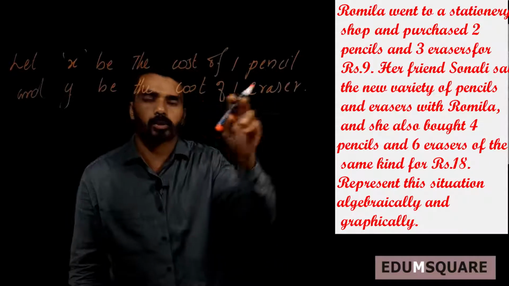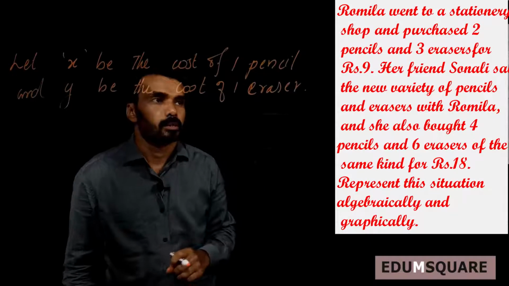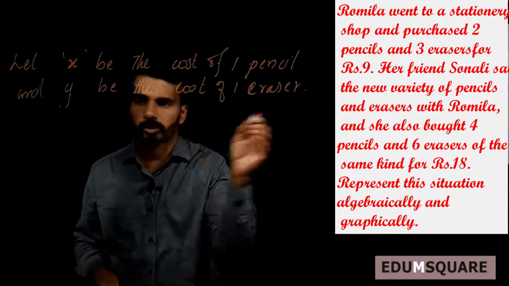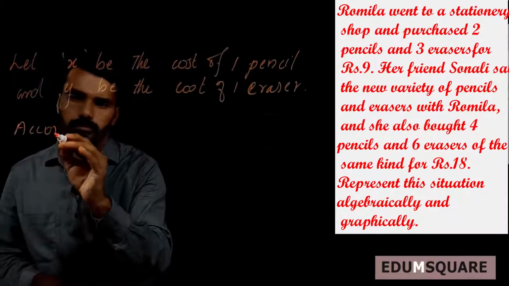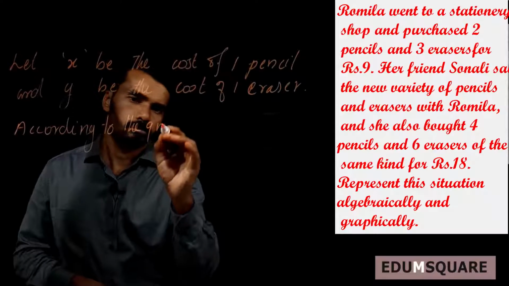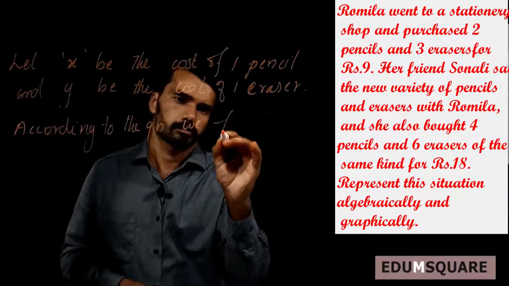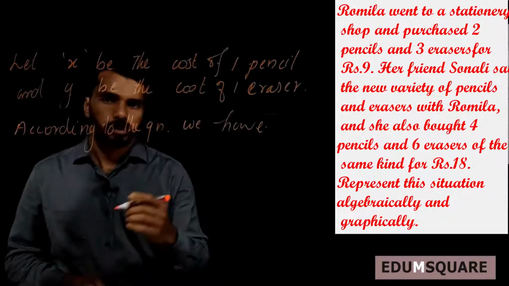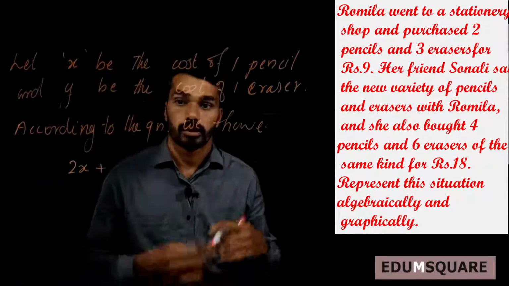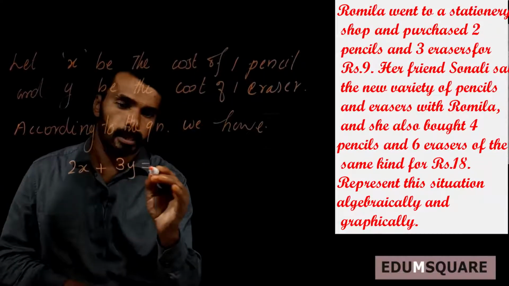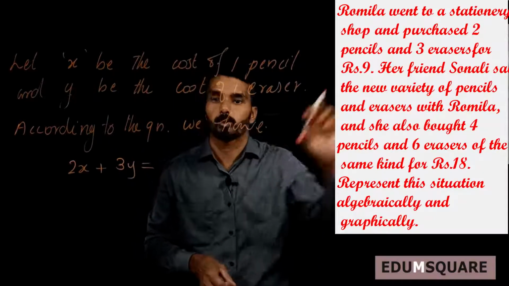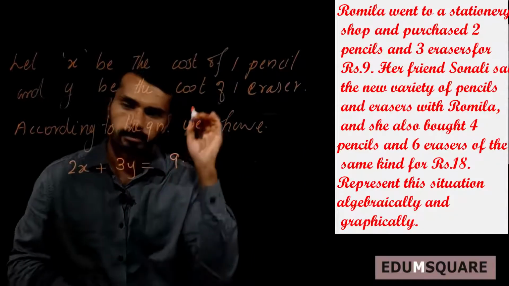Then y be the cost of 1 eraser. Then what is the cost of 3 erasers? Yes, 3y. So according to the question, we have 2x plus 3y is equal to, then for these 2 pencils and 3 erasers, how much she spent? ₹9. So this is equal to 9.